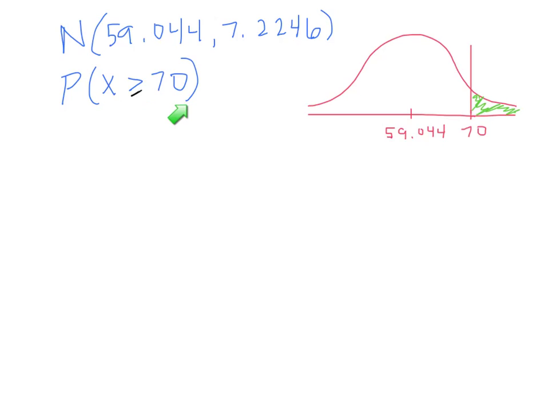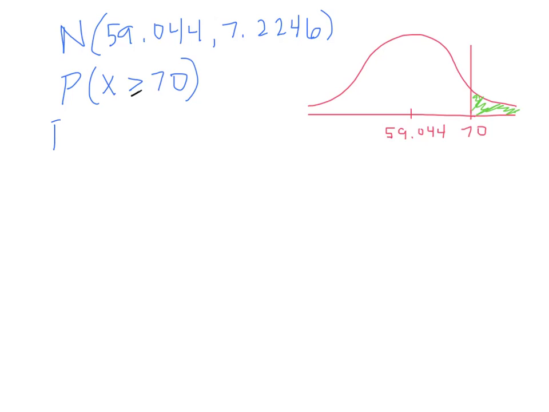So this should look familiar to you. I've rewritten our normal distribution parameters, our mean and standard deviation calculated from the formulas given. I've drawn a normal curve showing the mean in the middle where 70 falls, and then we want the area above 70. This is our probability statement, and as we've practiced, we are going to go ahead and start working with our z-scores, making sure that notationally everything matches up.